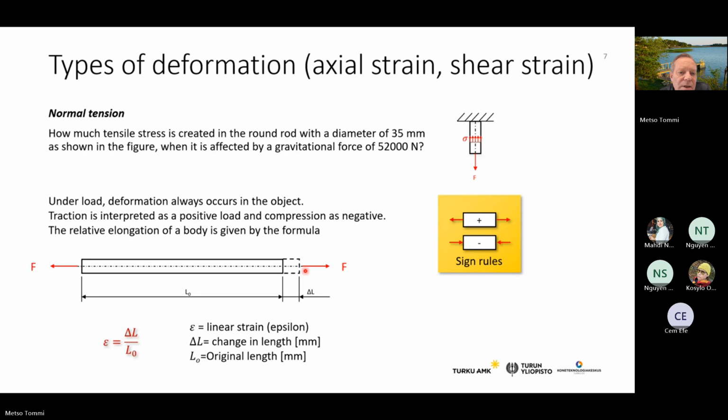If it is compression, the piece becomes shorter, and if it is tensile, the piece becomes longer. And in these equations, linear strain is change in length per original length.